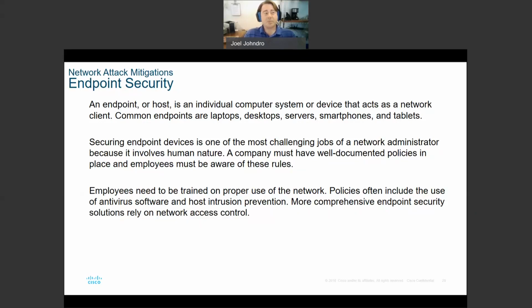Don't click on that Facebook link while you're at work. Companies need to have network policies in place in order for endpoint security to really be effective. And users have got to be educated on a constant basis.